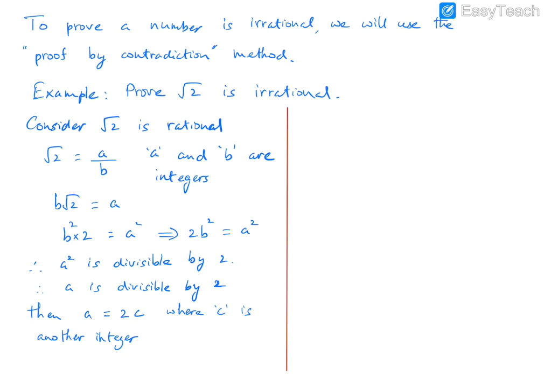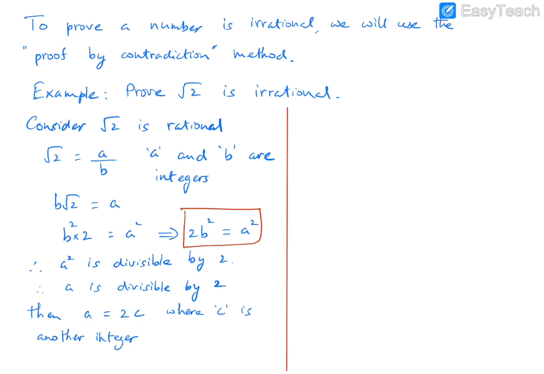Now we can substitute that value of a, which is a equals 2c, in our relationship here. We have this relationship that 2b square equals a square. But we now know that a is a multiple of 2, so we have a in the form of 2c.